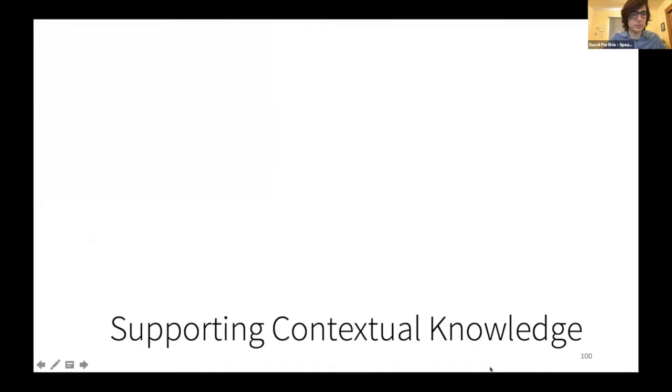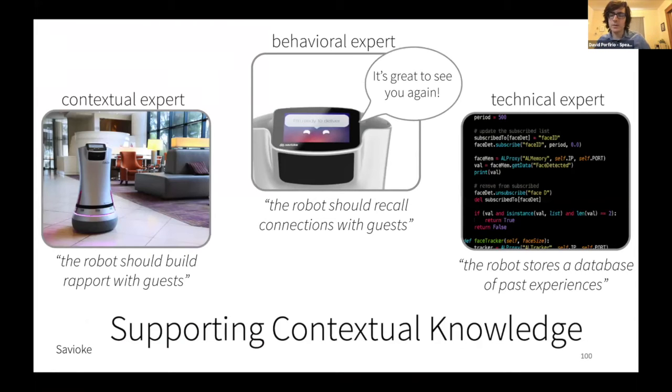And so I'm going to skip over this slide in large part because I do want to give time for discussion and questions. But for supporting contextual knowledge, we might begin thinking about interaction authoring tools that integrate knowledge from different experts, similar to an existing tool called Foundry, in which the input from multiple experts is leveraged to create a mobile application.